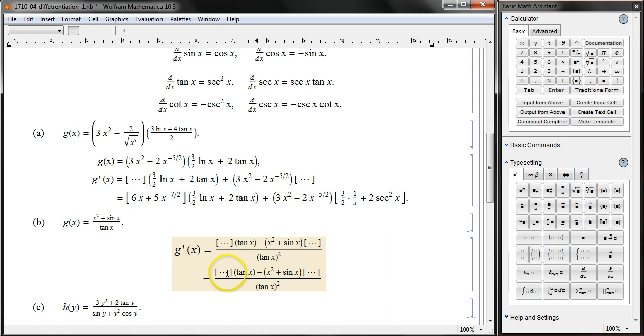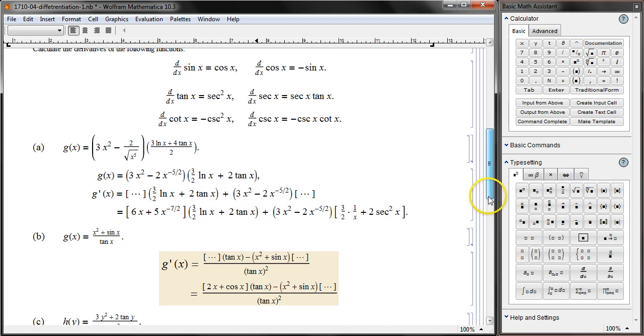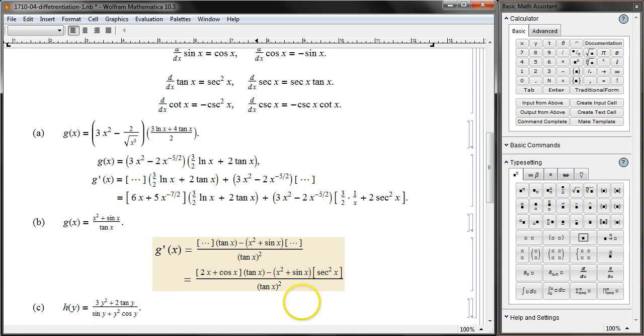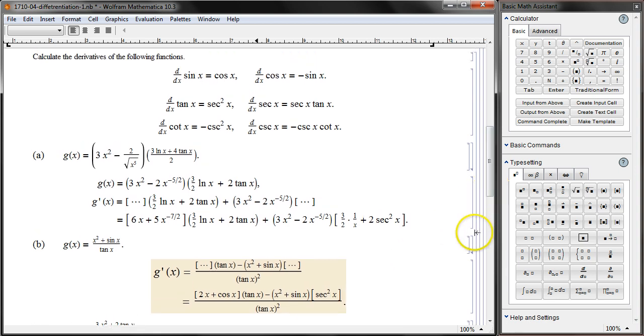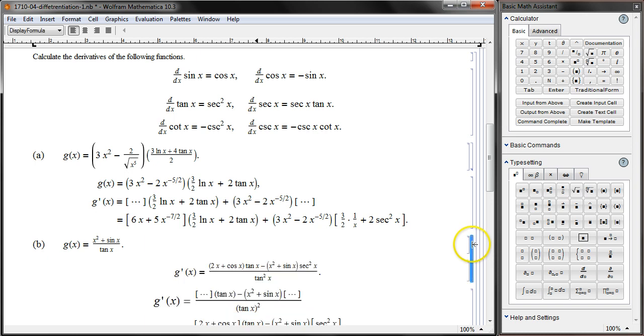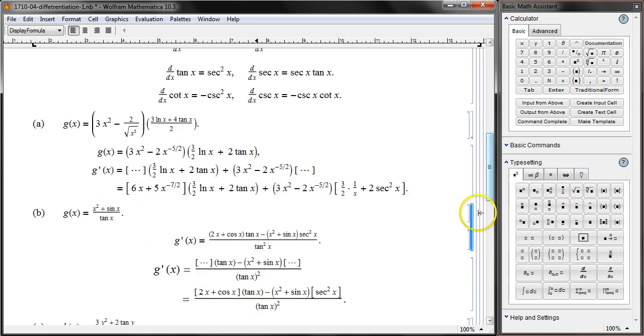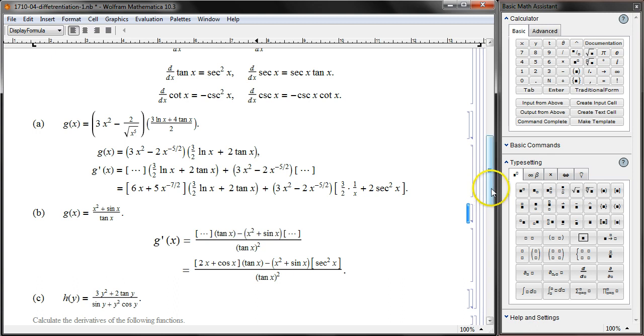Derivative of the numerator u prime, we have 2x plus, what's the derivative of sine? That's u prime, and then u v prime. What's the derivative of tangent? Looks like that completes the problem. Okay, that completes it.